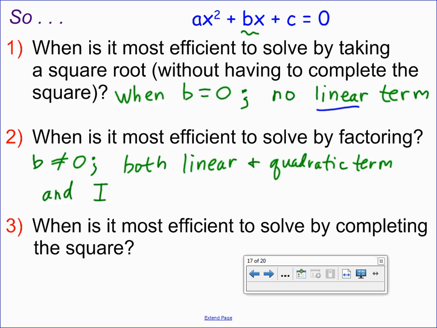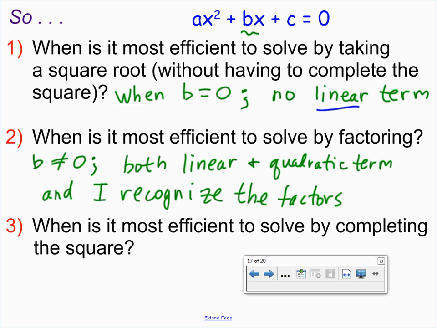And I recognize the factors. So if there's an x squared and an x in the same equation, I'll go ahead and subtract over and set it equal to 0 and try to solve by factoring first. So if I've got x squared and x mixed, I always try to solve by factoring next.